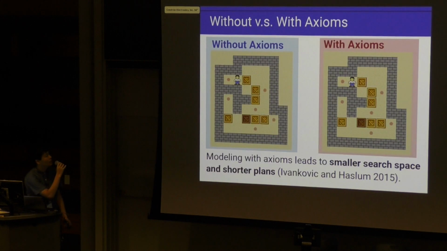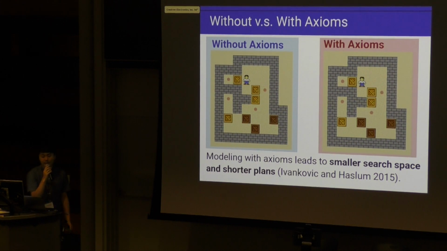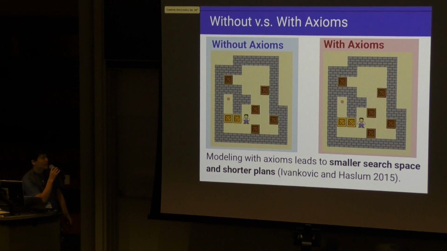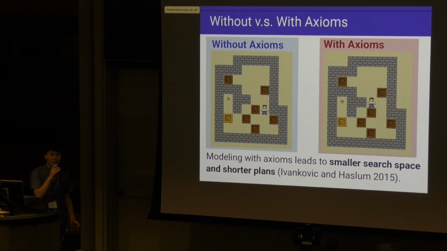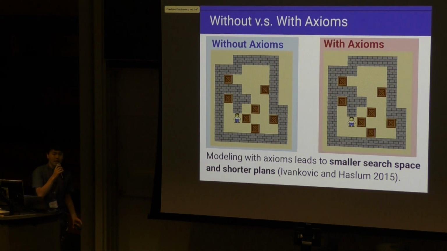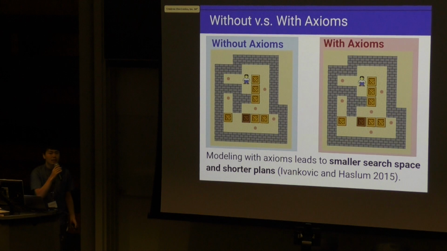Comparing Sokoban modeled with and without axioms, we can see that modeling with axioms leads to a smaller search space and shorter plans. This is because the formulation with axioms leaves out the irrelevant choice of the exact path the player takes to get behind the stones.